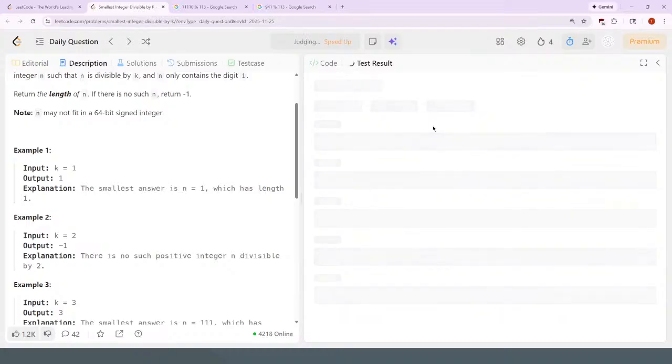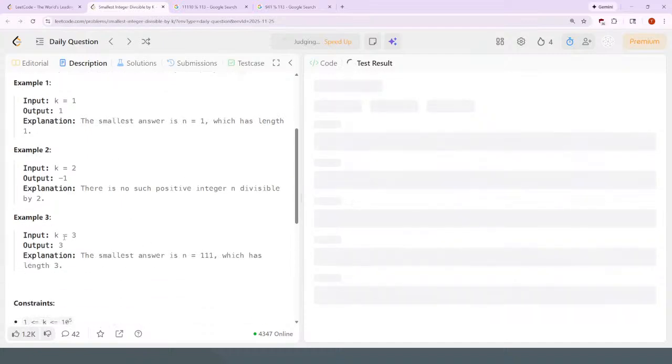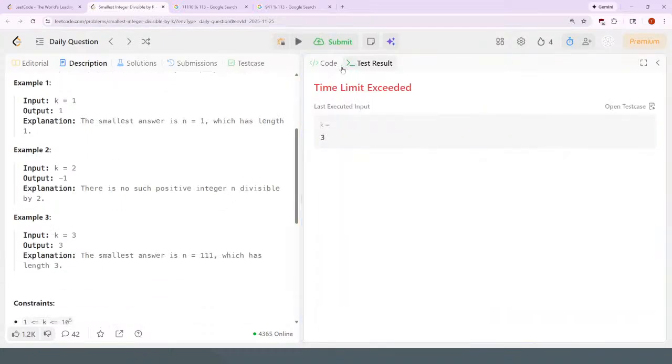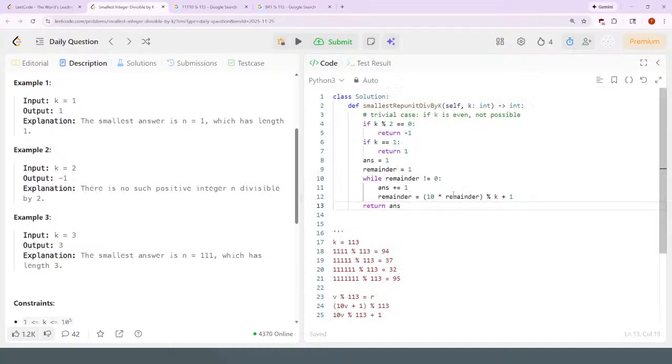Unless there hits the impossible case. It's timing out. K is 3. It's timing out on which one? K is even, it's not possible.